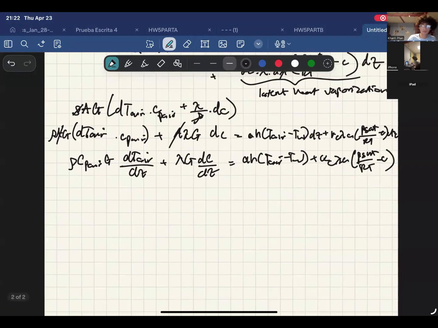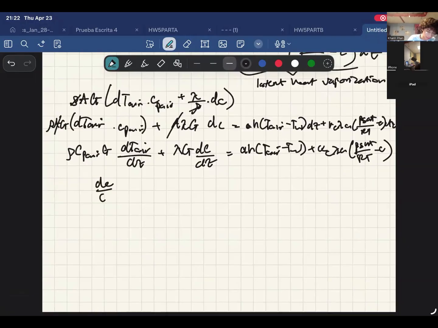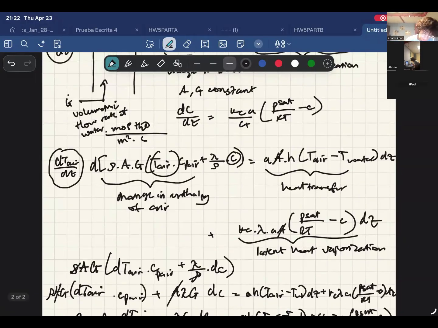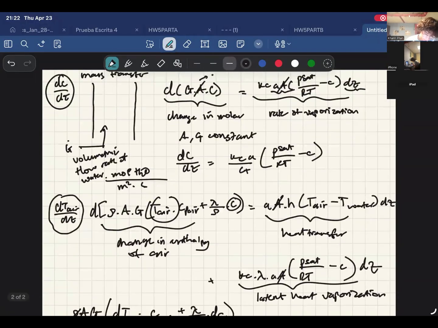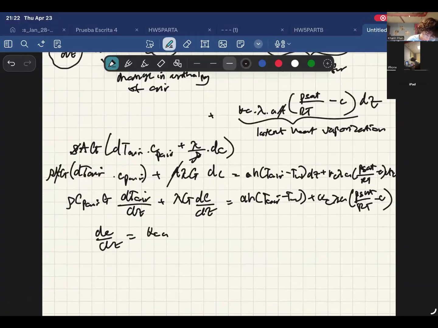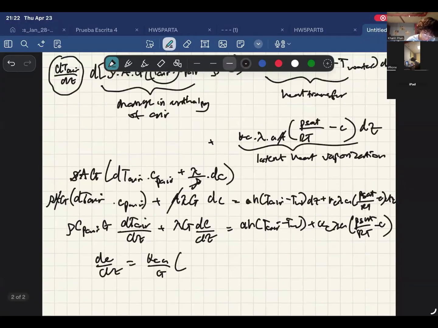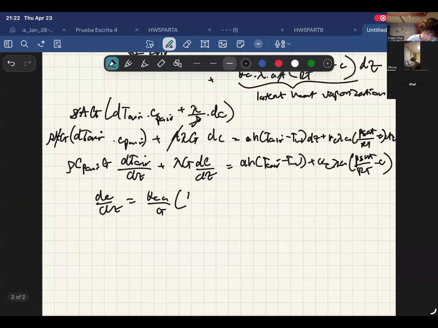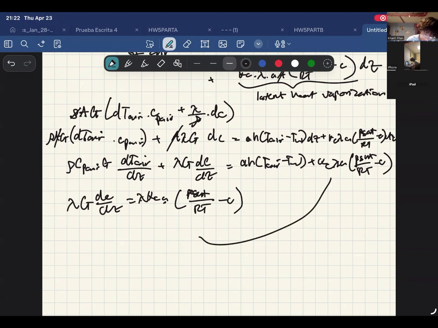And so earlier when we derived dC over dz, we know that it's equal to Kc a over G times P sat over RT minus C. So when you times it with lambda and G, we're gonna cancel out lambda and G, and then we have lambda, which is exactly what we have here.